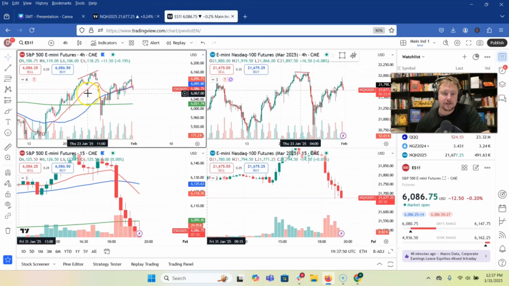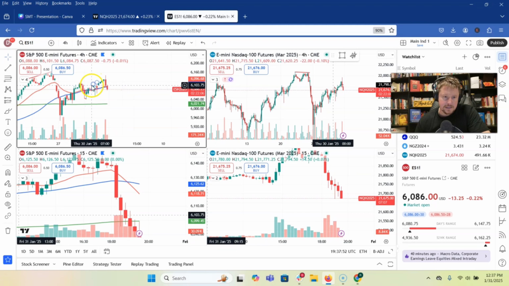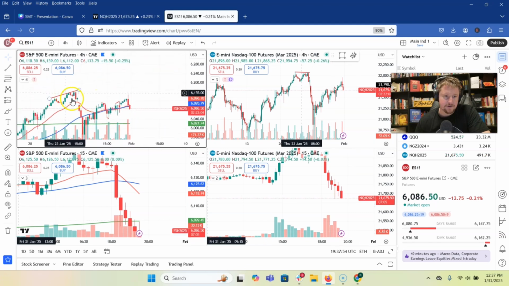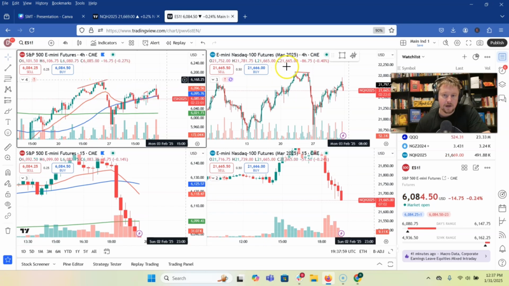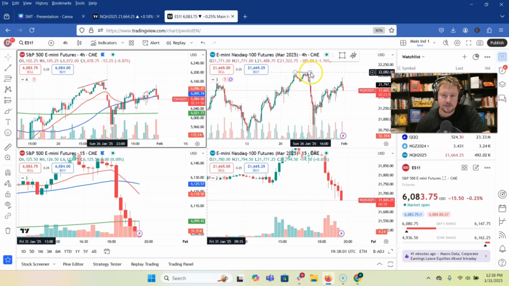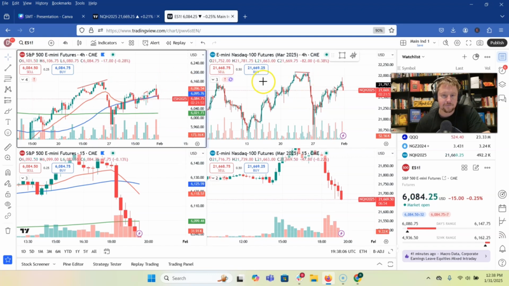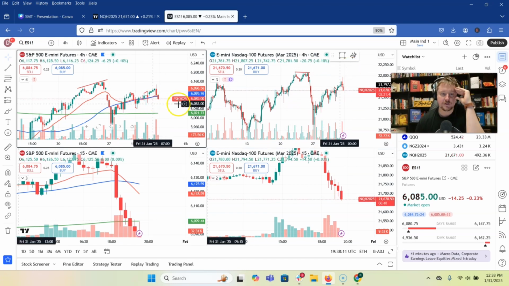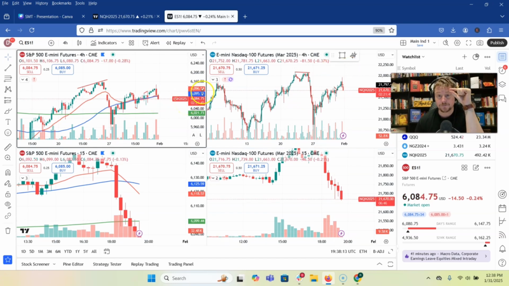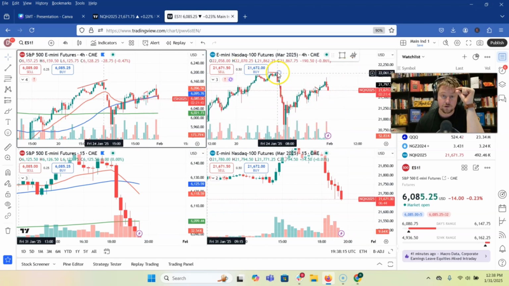The big thing that you're going to see is whenever you see one of these SMT divergences, like this big one right here, you see how it kept going up, whereas the NASDAQ was very level. And then as soon as we did hit that level, or we did see this SMT, boom, we had this huge pivot. We had this huge sell-off, right? So that was my indicator to know that I should look for a trade and get in.